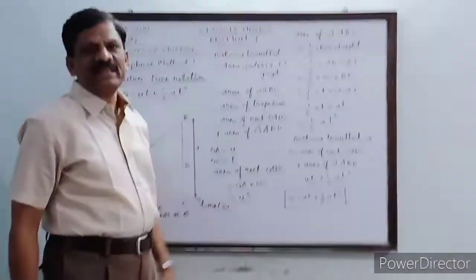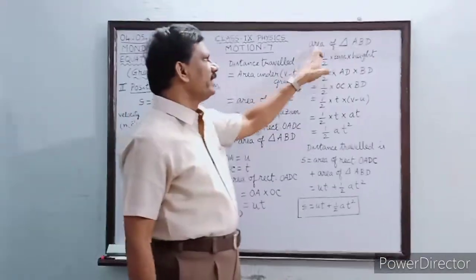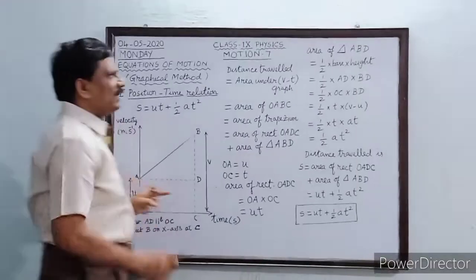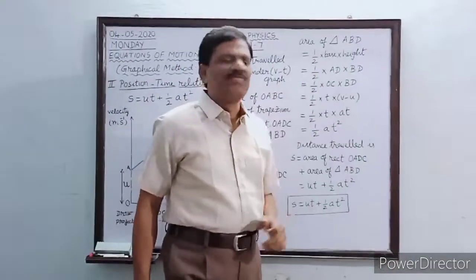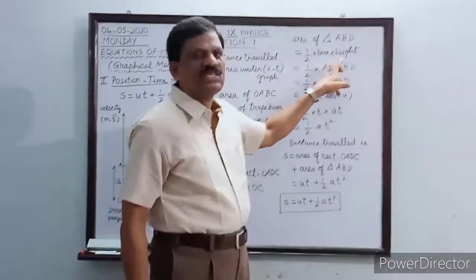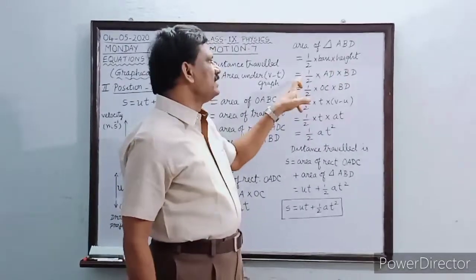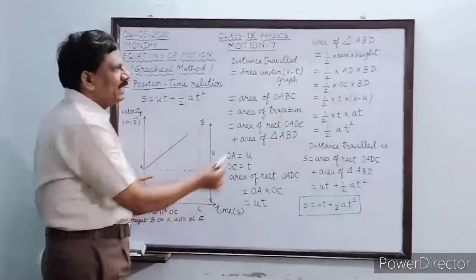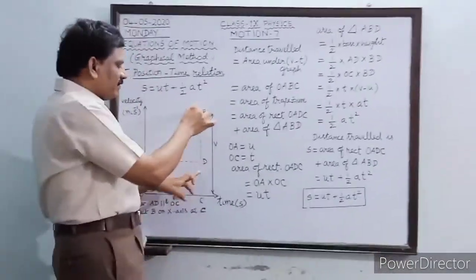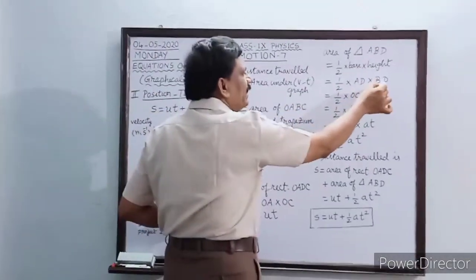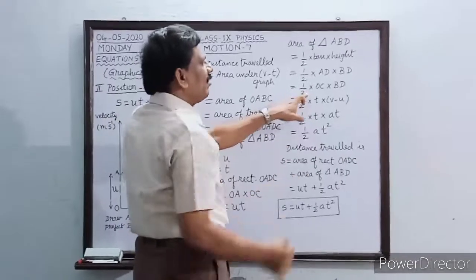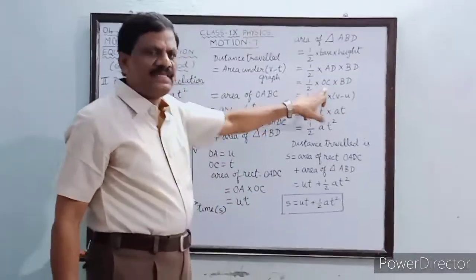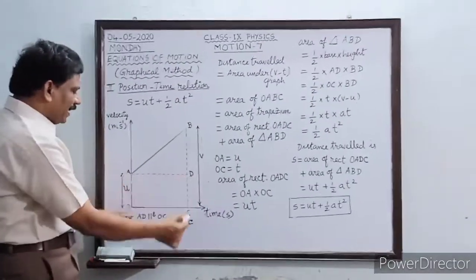Now we come to find the area of the triangle. So area of the triangle ABD. And what is the formula used to find this? Half into base into its height. So this is equal to half into base of the triangle is equal to AD. I have written AD. And height of this triangle is equal to what? BD. That is substituted as half into, instead of AD, we can also substitute OC. So AD is parallel to OC.